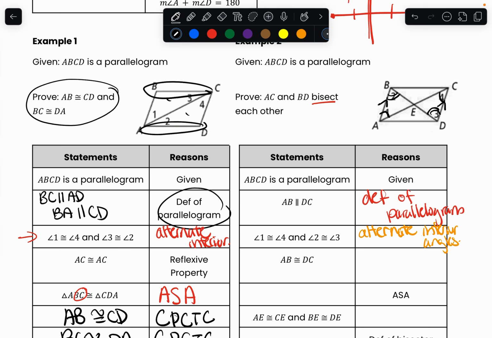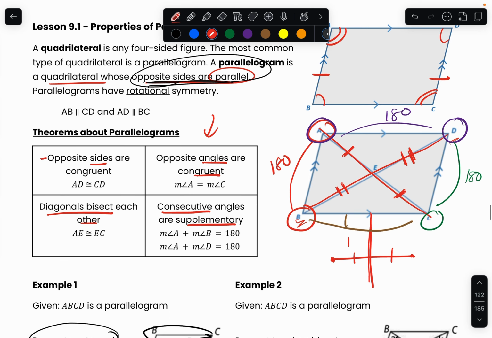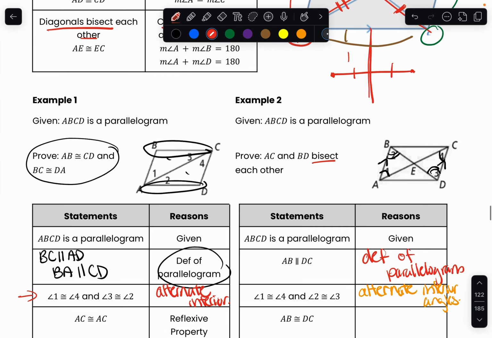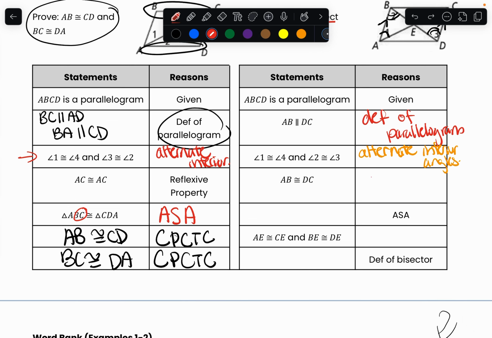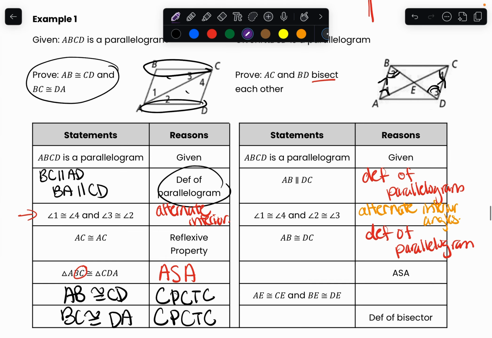If you go back and read your parallelogram theorems, it says here that opposite sides are congruent. And this is why we can claim that AB is going to be congruent to CD. So for my reason here, I'll put definition of a parallelogram. Okay, let me put this down. So I can claim now this is going to be congruent as well.